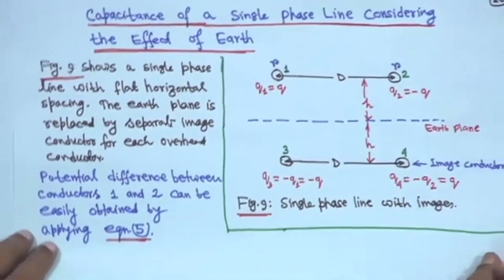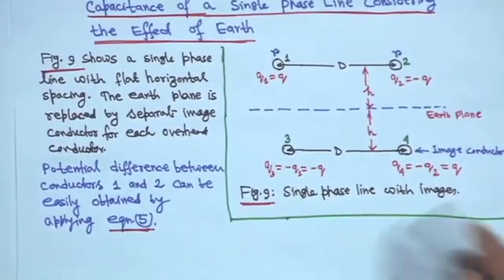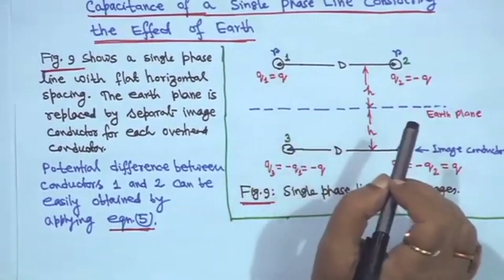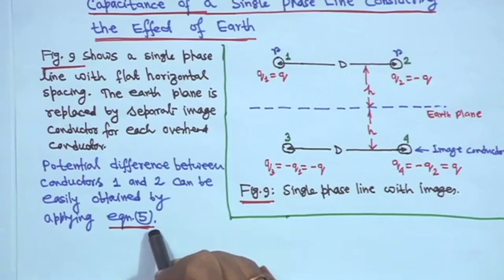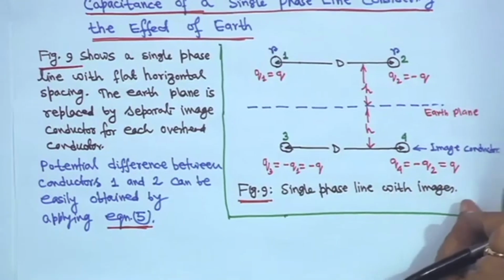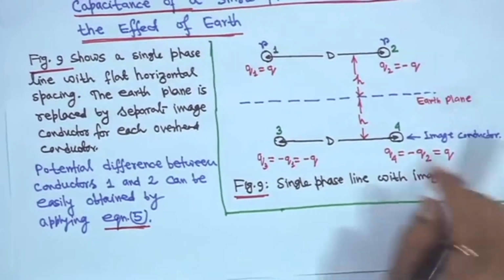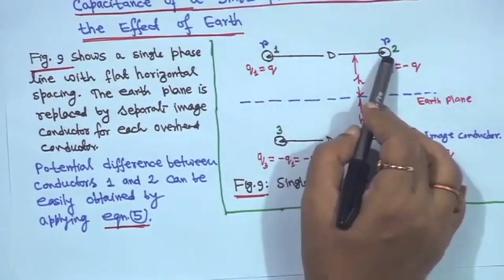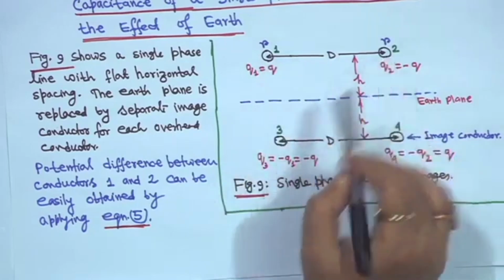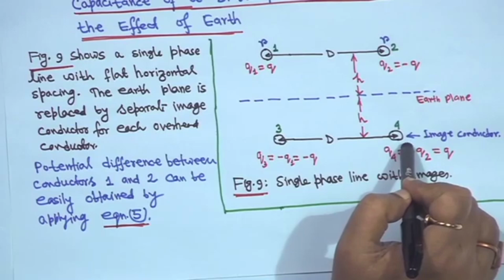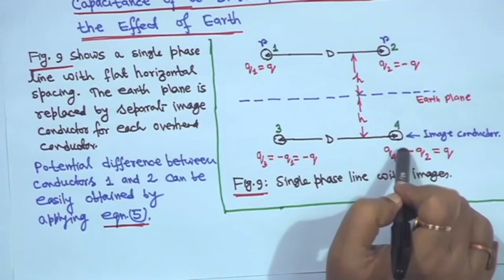First you have to find the potential difference between conductors 1 and 2, and you have to apply equation 5. Earlier we gave equation 5; I am writing it once again. Effectively this is for 4 conductors, because although this is a 2-conductor single phase line, 2 image conductors are there, so you have to consider 4 conductors.